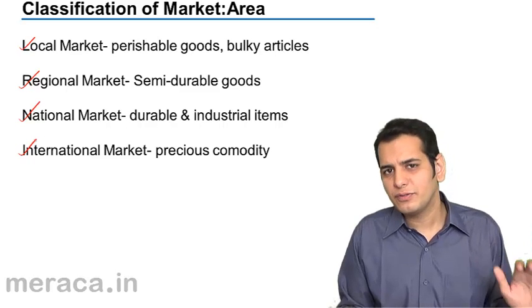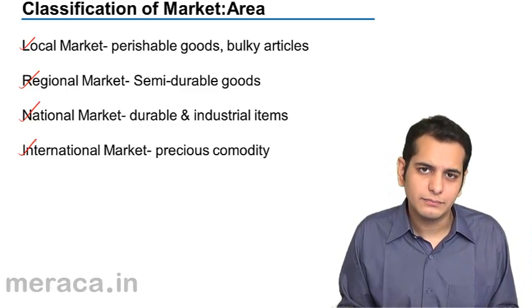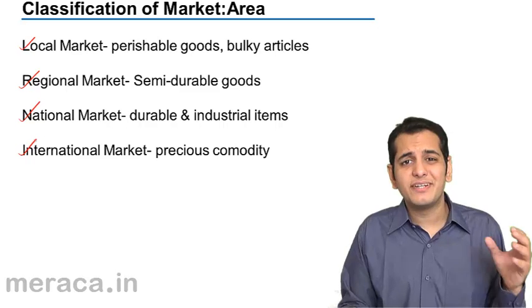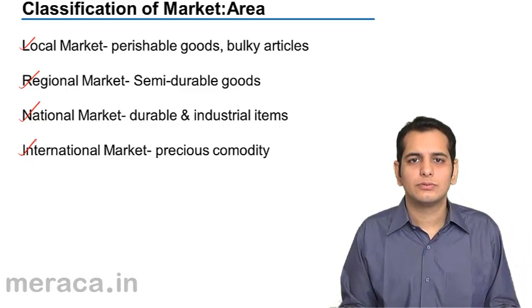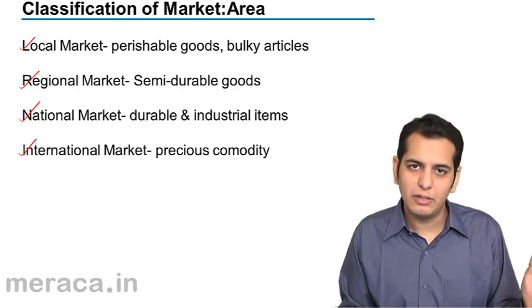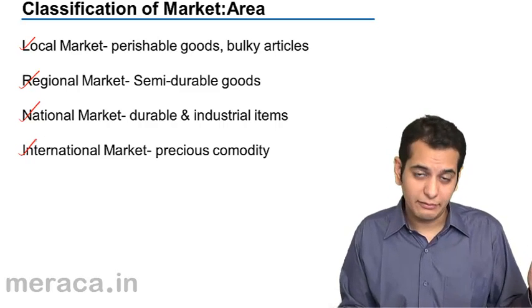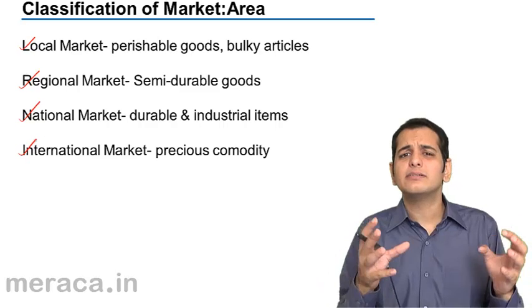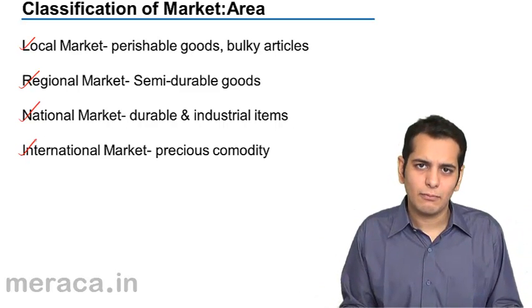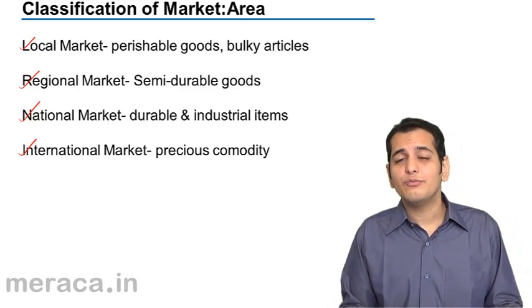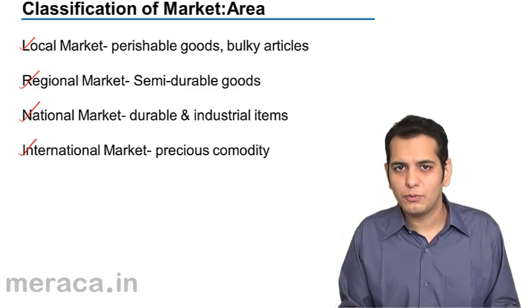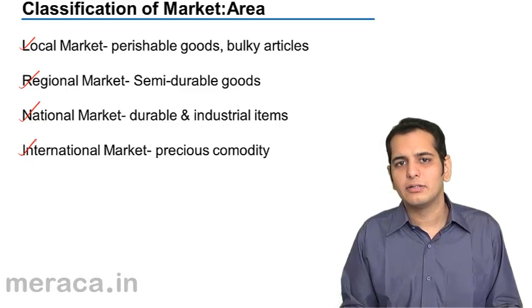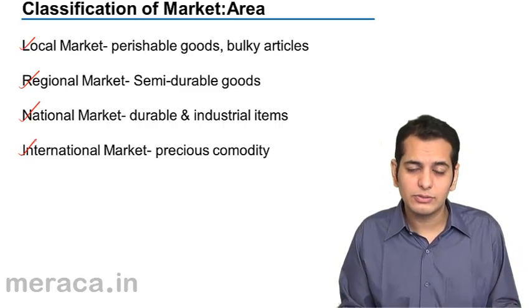Now, what kind of things do you get in the local market? You generally tend to get the perishable items in the local market, like milk, like fruits, like vegetables. All these things have a local market. Again, things which are very bulky and inconvenient to transport are found in the local market, like sand, like bricks.